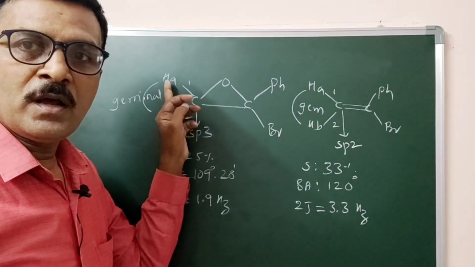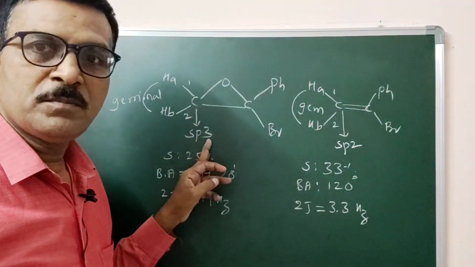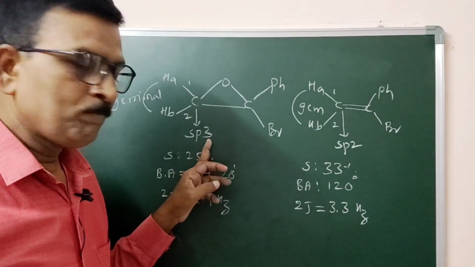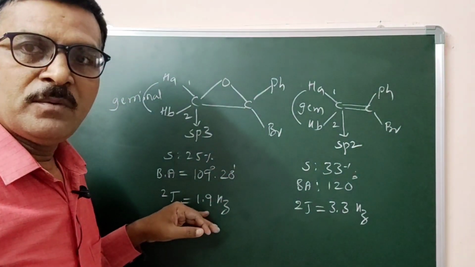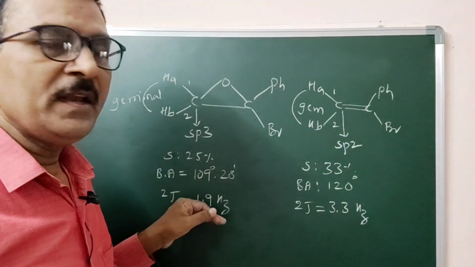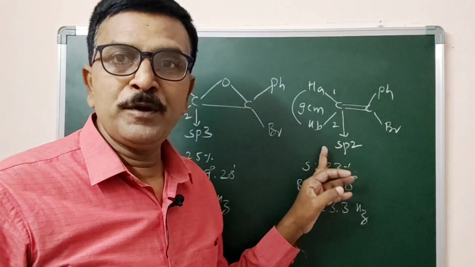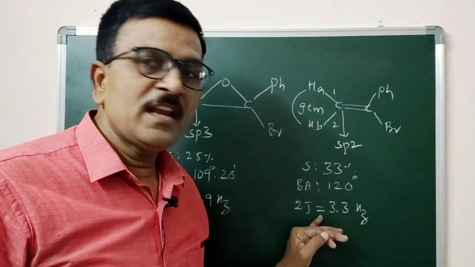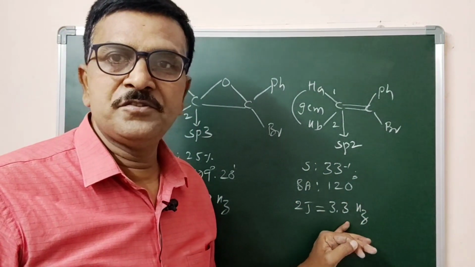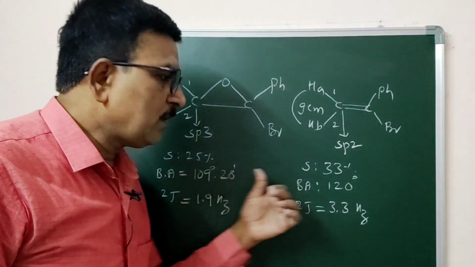Now you observe that where the coupled protons are attached to an sp3 carbon, the J value is minimum, only 1.9 Hz. The same protons attached to an sp2 carbon give a higher J value, 3.3 Hz. What happens from here to here?